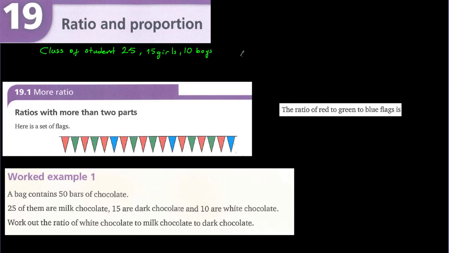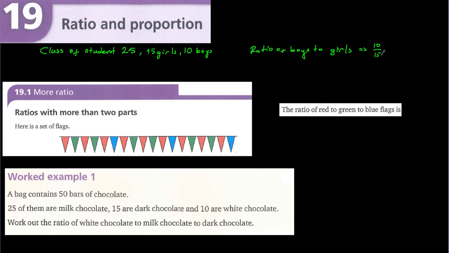So with respect to this, the ratio of boys to girls, when we say it, we are writing the number of boys in fraction form, 10, then writing 15 below it.